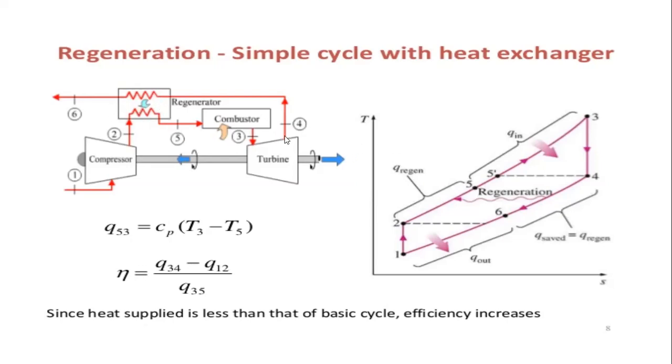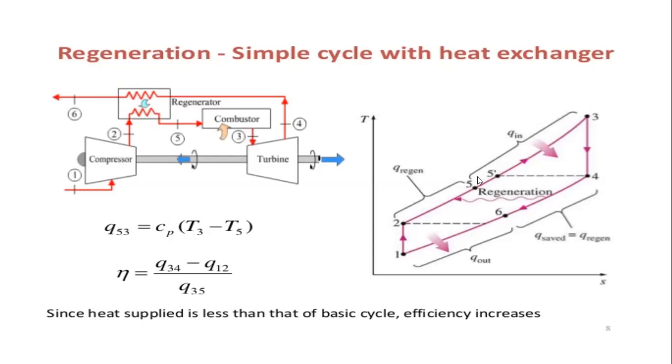Then these heated gases get into the combustion chamber, where heat is externally supplied. So 2 to 5 is also heat supplied, and 5 to 3 is also heat supplied. But 2 to 5 is heat supplied internally, by internal heat exchange, and 5 to 3 is heat supplied by combustion, which is the external heat exchange.